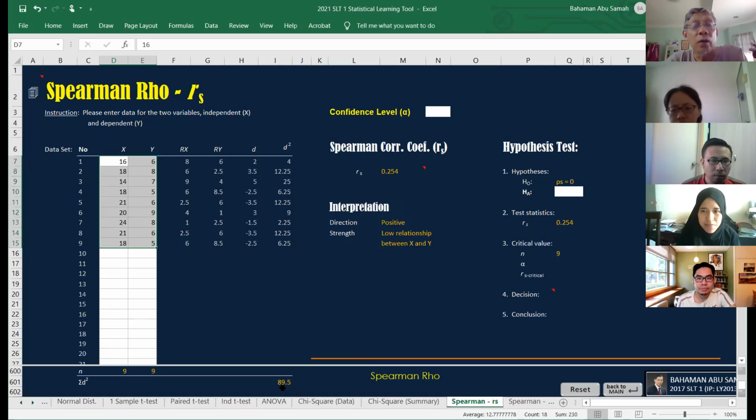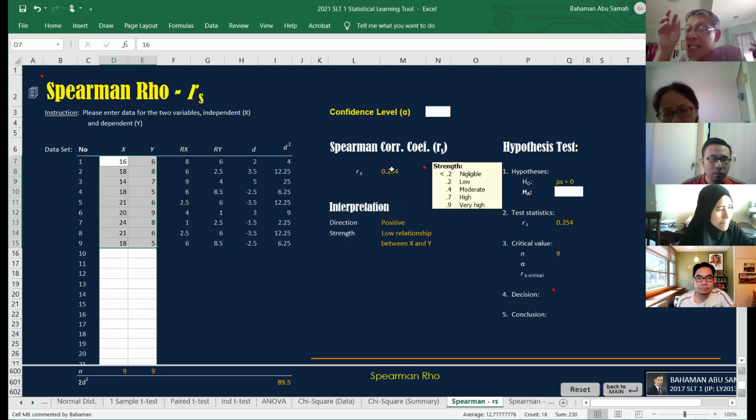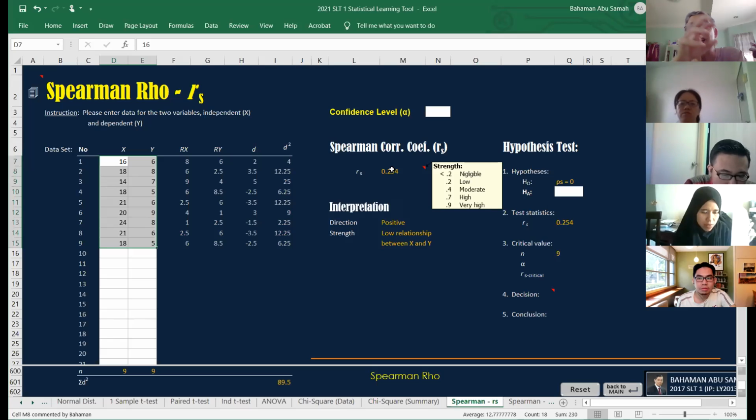Now, once we get the summation D square, it calculates the RS for you, which in this case is equivalent to 0.254. That means the SLT answer is exactly as our manual calculation. But SLT and manual calculation will differ slightly from SPSS, because when we ran SPSS, the value we got for RS was only 0.218, not 0.254.